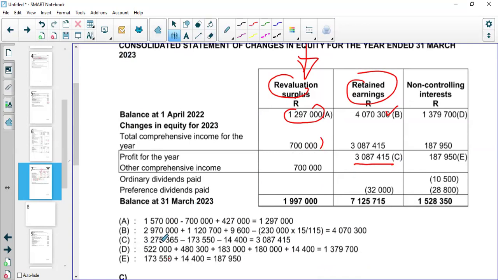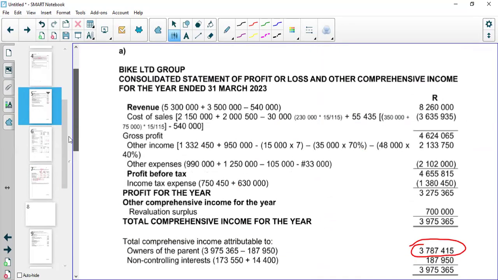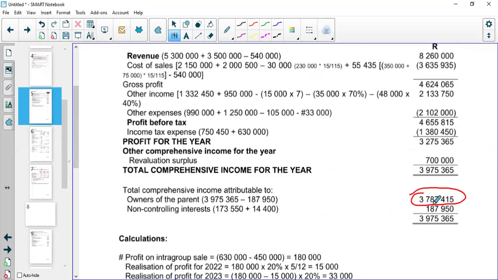Now let me just look at C here. Let me write this share down. So the share here is 3,787,415. So that is what we shared is the share.